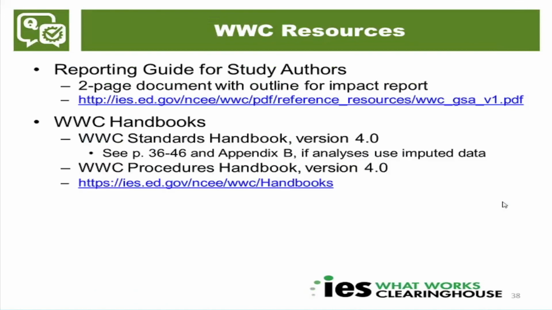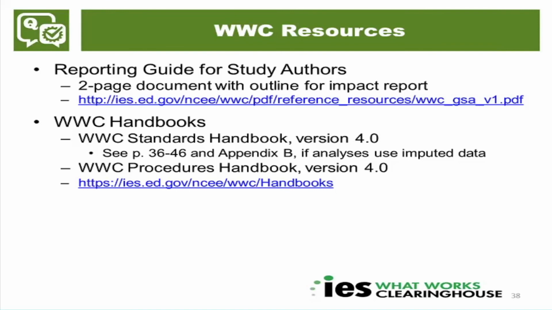There are also the WWC handbooks, which include both a standards handbook and a procedures handbook. In version 4.0, these two are separated. Up till this point, the WWC has put standards and procedures in the same handbook, and now they're separated. Particularly, you want to look at pages 36 to 46 and Appendix B if your analyses use imputed data, because this is one of the places where version 4.0 includes some different standards and guidance than 3.0.